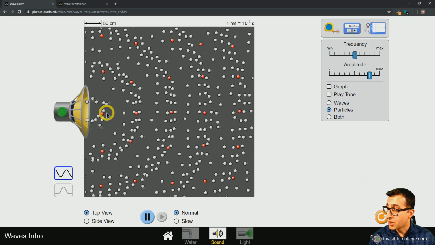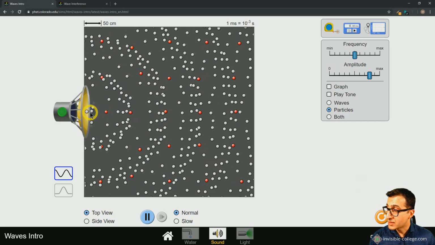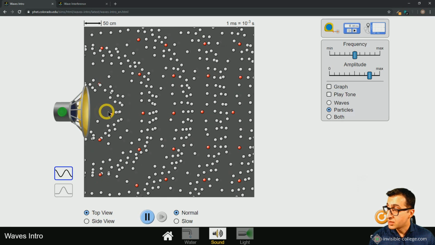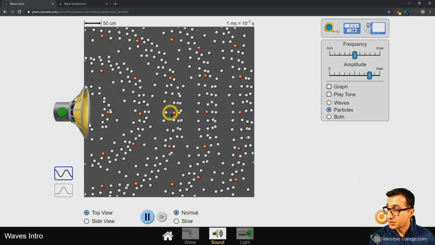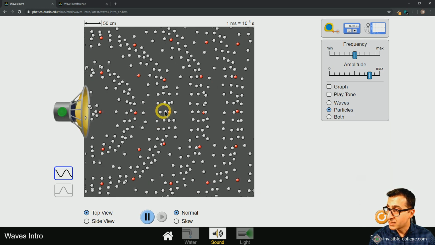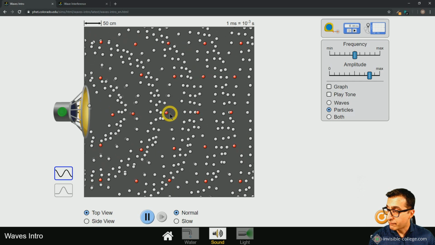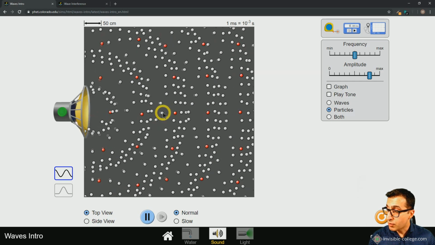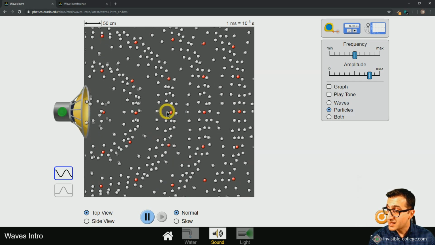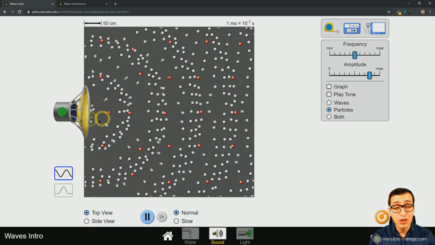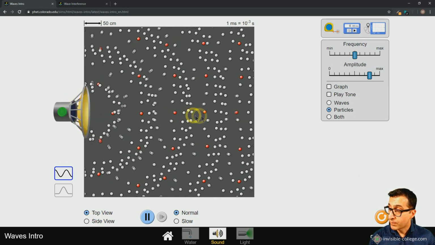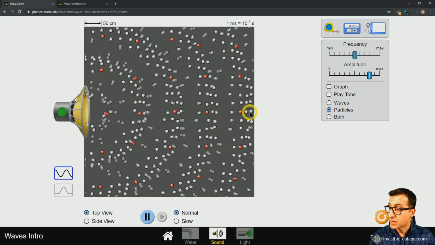And so each one of these air particles is vibrating around a mean or average position. But as you can see here, if we pick this particle, for example, it's vibrating backwards and forwards around this average position, and this is parallel to the direction of energy transfer by the sound wave, which is in this direction from left to right.